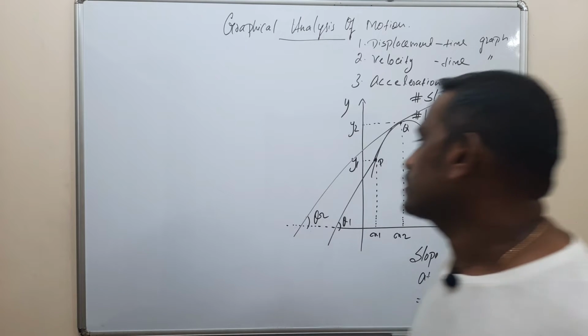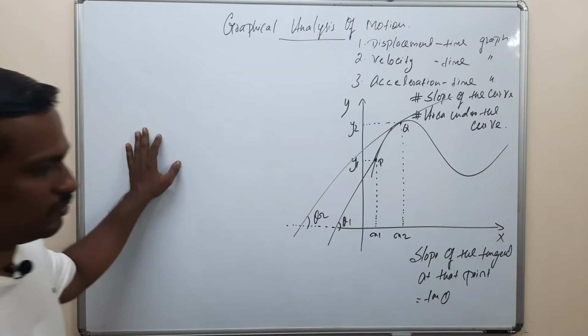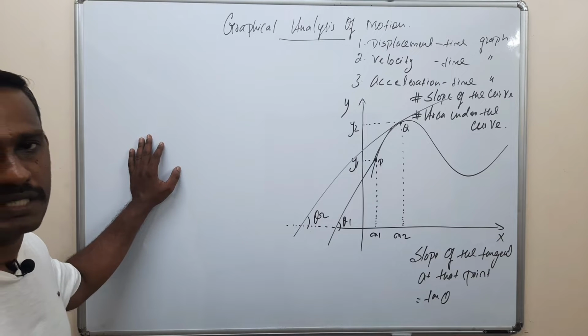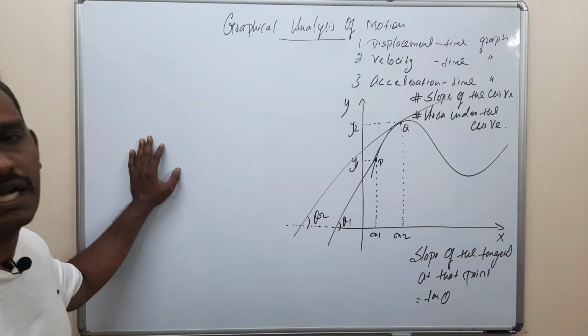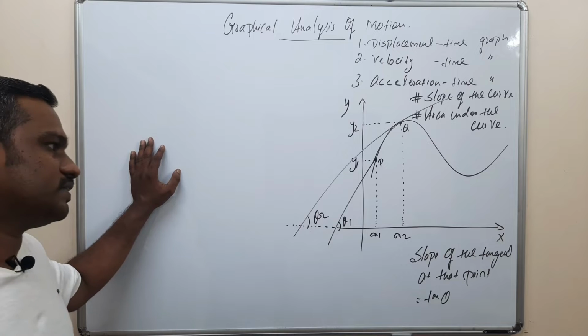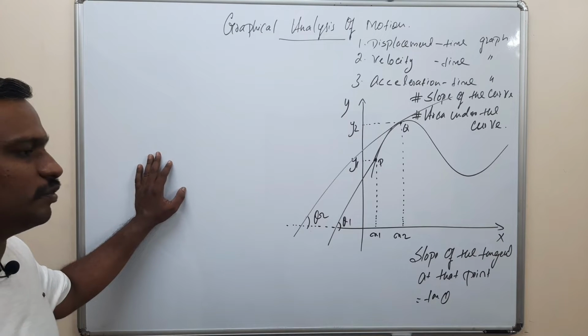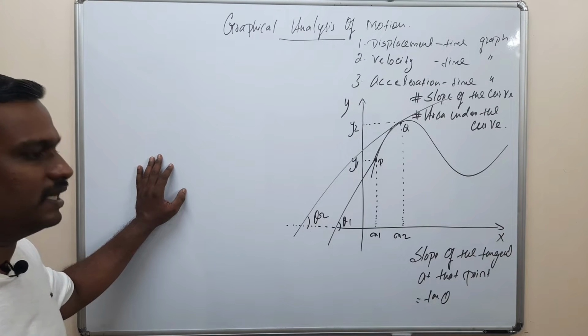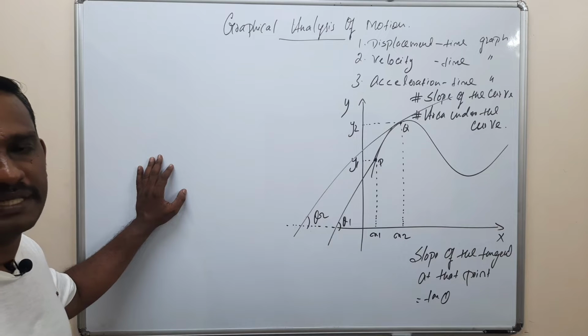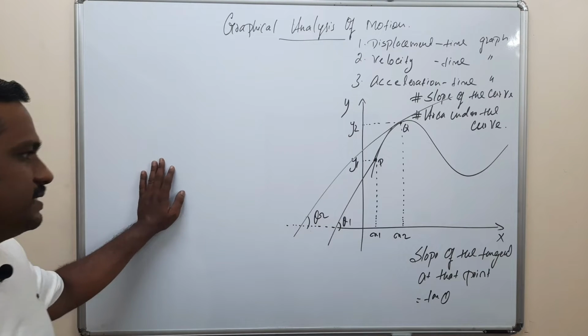So clear, slope of the curve at that point is nothing but the slope of the tangent drawn through the point, which is tan theta, where theta is the angle made by the tangent with the horizontal x-axis.